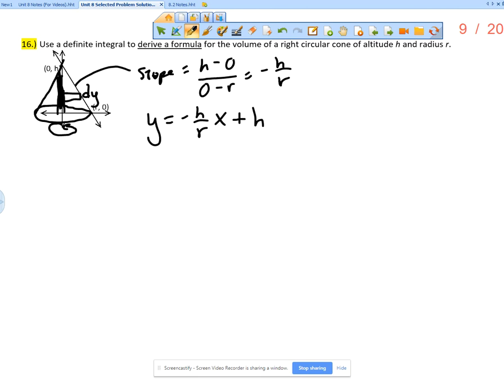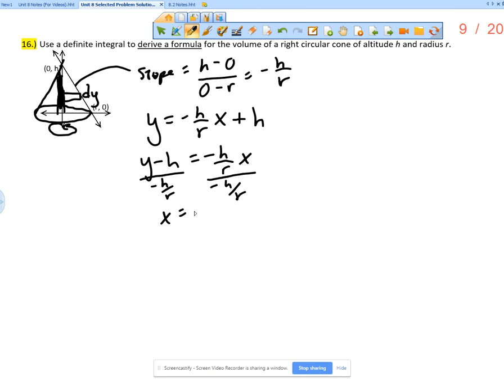The first thing I'm going to do in order to solve for x is, you could multiply by r and then subtract and then divide by h, or whatever. I'm going to subtract h, so I have y minus h equals negative h over r times x, and then I'm going to divide by negative h over r. So x is going to be y minus h over negative h over r.